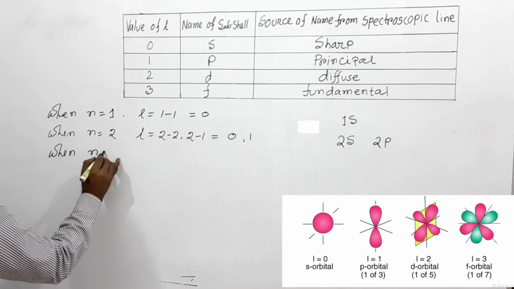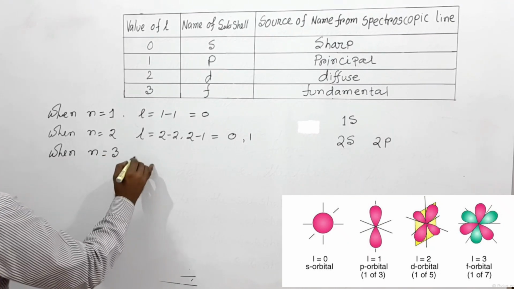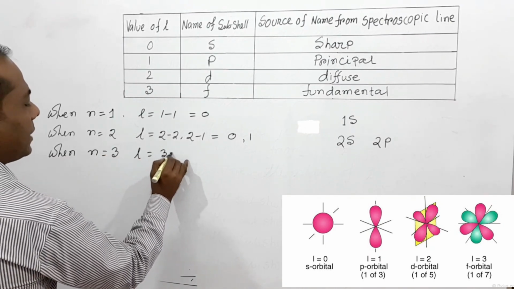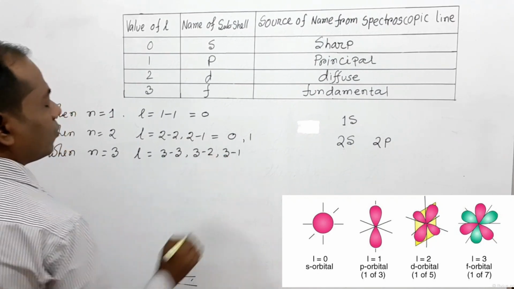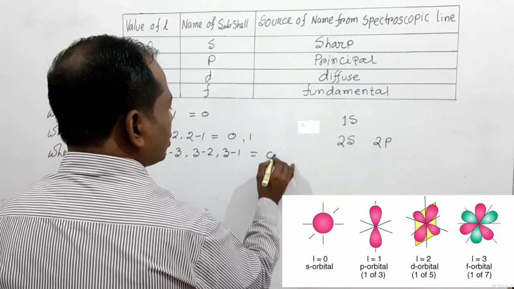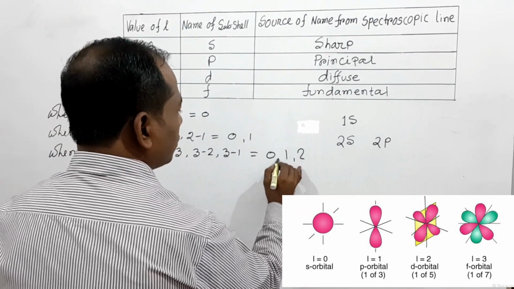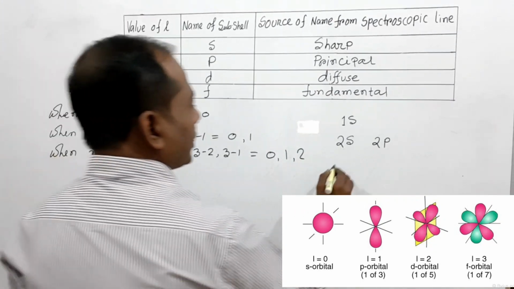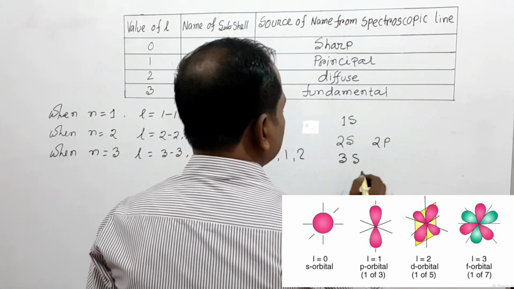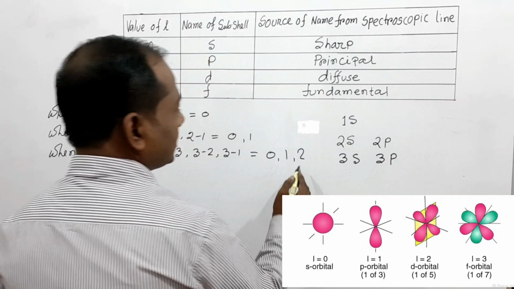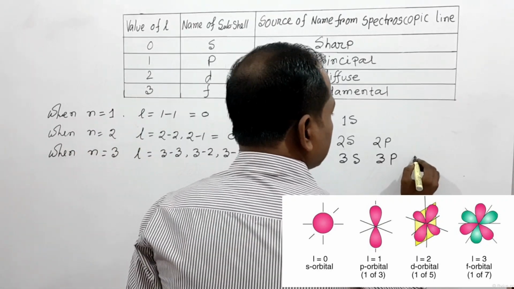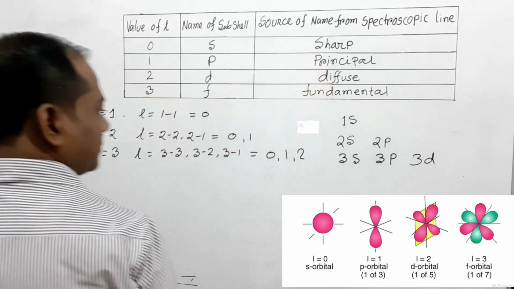When n equals 3, then L equals 3 minus 3, 3 minus 2, 3 minus 1, that means 0, 1, 2. And for 0, we get 3s. For 1, we get 3p. And for 2 we get 3d orbital.